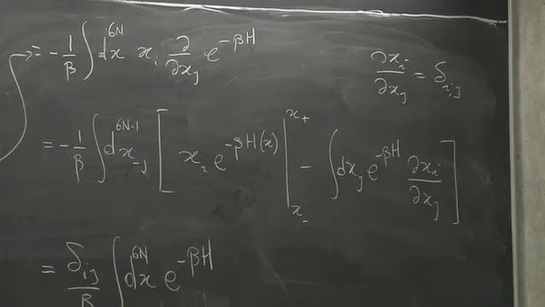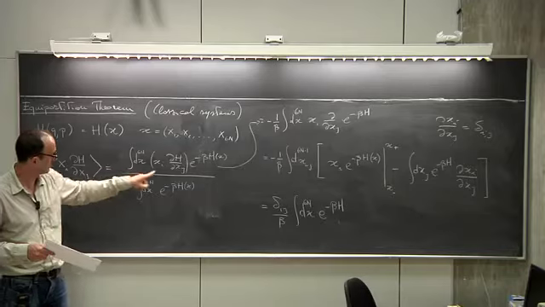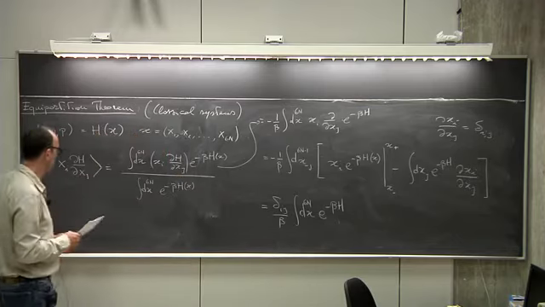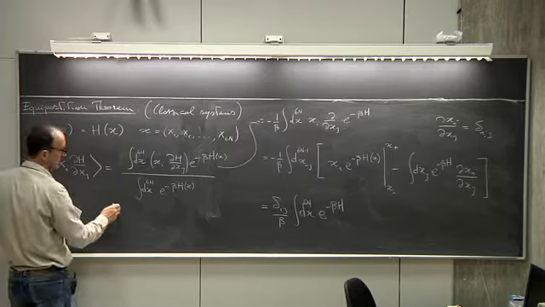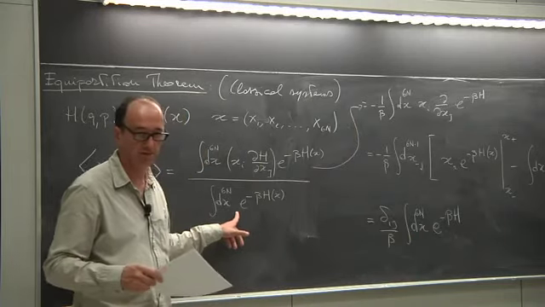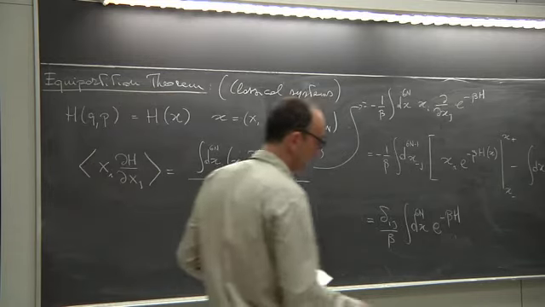So the integral up here is equal to this, which means that this expected value times the integral at the denominator is equal to what we have there.